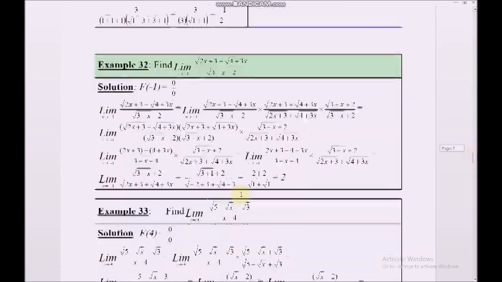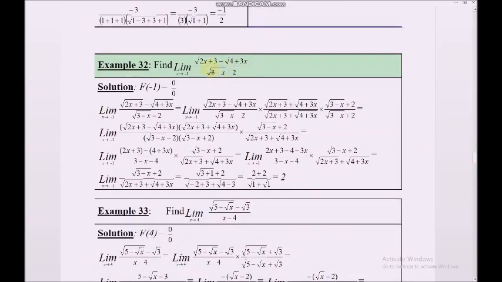More harder one is here. Find the limit of the function square root of 2x plus 3 minus the square root of 4 plus 3x, over square root of 3 minus x minus 2, as x tends to negative 1. As usual, direct substitution is 0 over 0. Now we have the function here, okay? And here I started to multiply by conjugate of numerator and denominator, okay?